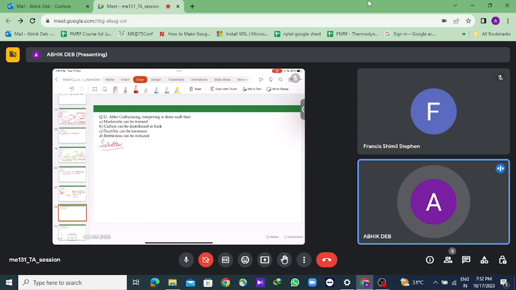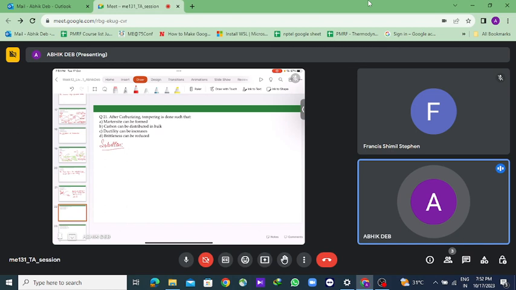Then it is heated again to the homogeneous gamma state, that is 850 to 950 degrees Celsius. Then it is quenched to form martensite. This is the tempering process, and this is the quenching process.